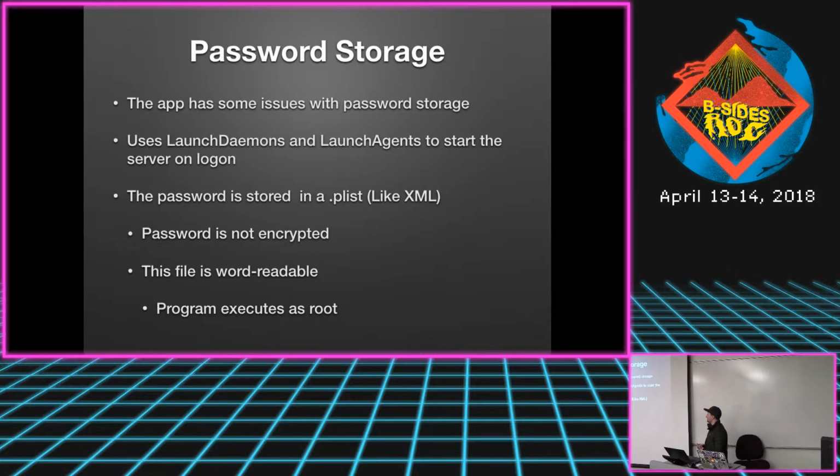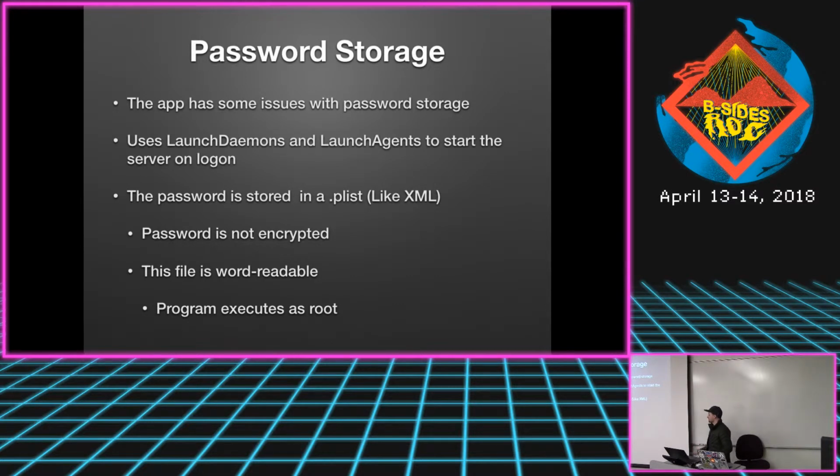And inside that plist, the password is there for the server, but it's not encrypted at all. And what's worse about it is those plist files are completely world readable. So even if you were to log into a Mac with a guest account, which should really have no permissions, you could go read this plist file, get the password, and then when someone else logged in, you could start injecting keystrokes.